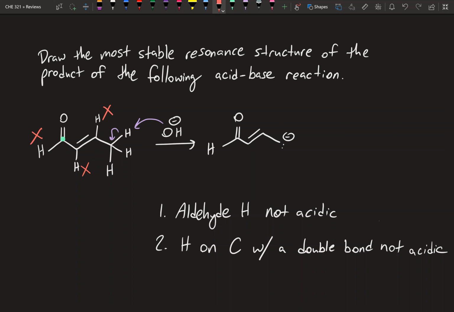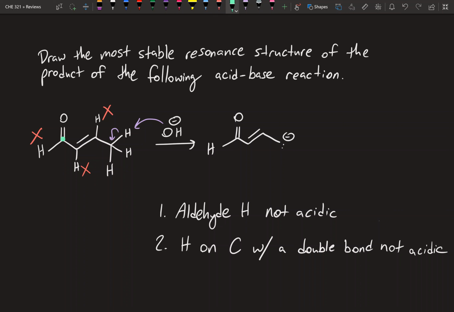With these questions, they will usually be giving you a carbonyl on this functional group, and you want to be able to resonate that negative charge to that oxygen. Oxygen is much more electronegative than carbon, and can better stabilize that negative charge than a carbon can. Carbon is not good with a negative charge, it's very unstable.